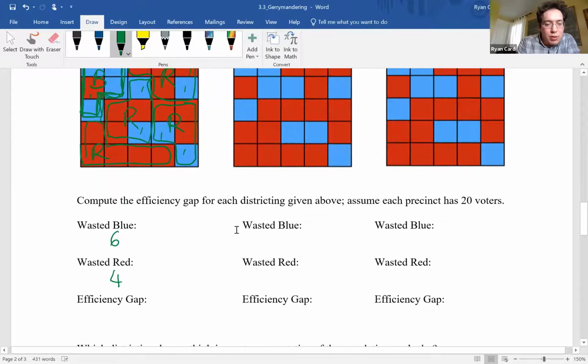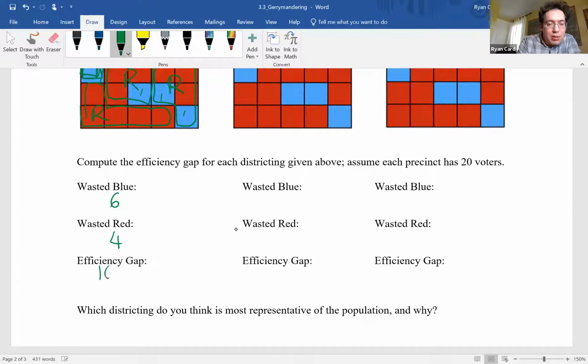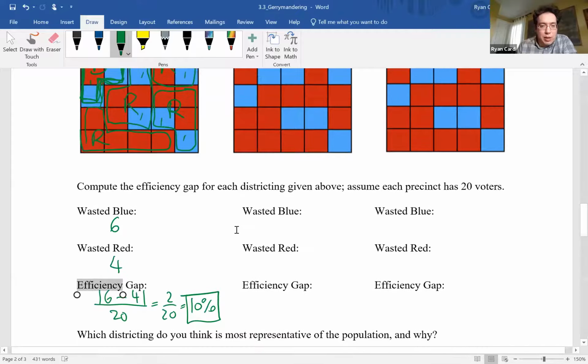Okay, so the efficiency gap is 6 minus 4 divided by the total number of votes, which was 20. So 2 over 20 is 0.1 or 10%. That is the efficiency gap here.